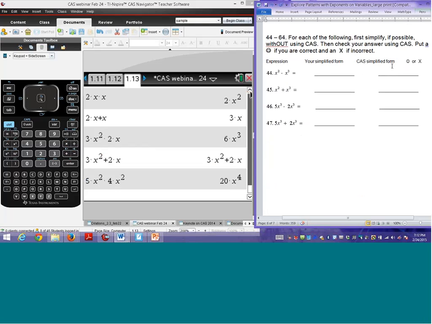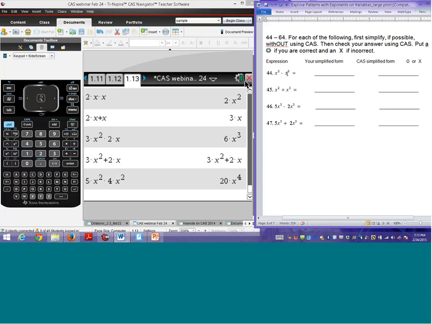Now, the reason I like this is that if a student had x squared times x cubed and wrote the wrong answer here, then if there was x to the third times x to the fourth later on, they're probably going to miss it. But if I tell him or her right away, you got it right or you got it wrong, if you got it wrong, I have a pretty good idea they're hopefully going to learn from their mistakes.